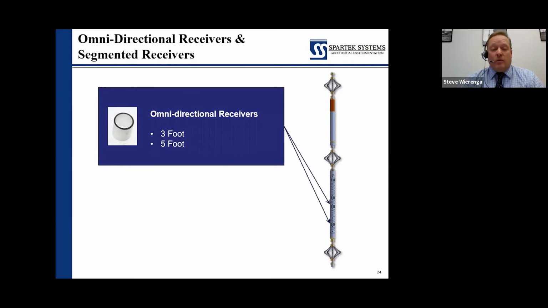So they don't necessarily specifically identify channels or partial bond on one side or eccentricity of the casing. They give us an overall view of the energy coming back. The 3 foot is primarily focused on bond to casing, and the 5 foot is bond to formation and looking for those shear waves that we looked at earlier.